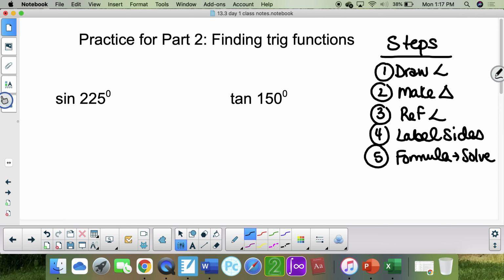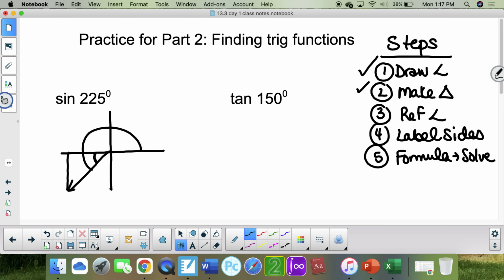So step number 1, draw the angle. The first thing we're going to do is draw 225. It's about 225. So I drew the angle, make the triangle, and it always goes up to the x-axis. So I made the triangle. Figure out the reference angle, which is this angle right here. I went past the 180 marker by 45 degrees.